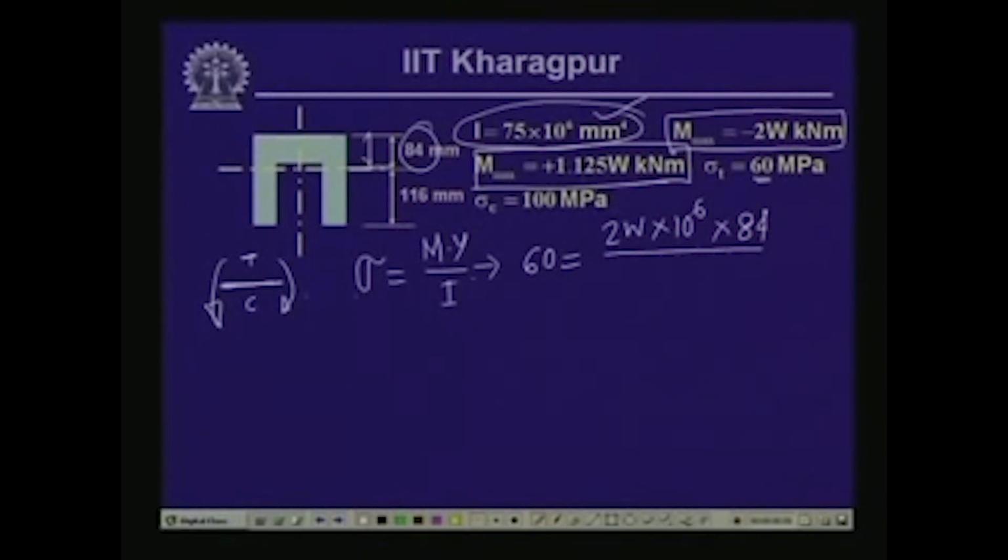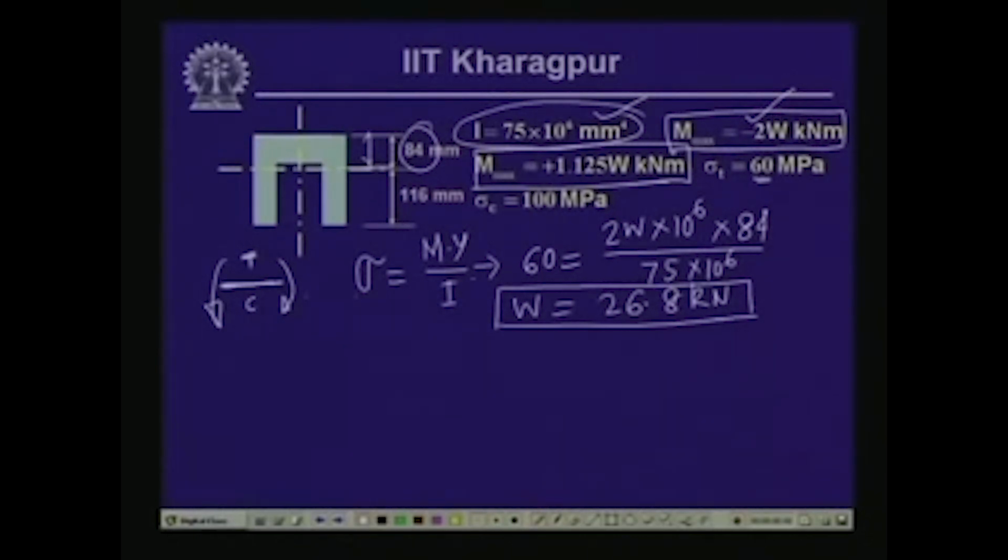This is divided by I, which is 75 into 10 to the power 6, in megapascal. Now, from this if you compute the value of W, W comes as 26.8 kilonewton. So, this is one value of W which you get corresponding to the maximum tensile stress for the maximum negative bending moment.